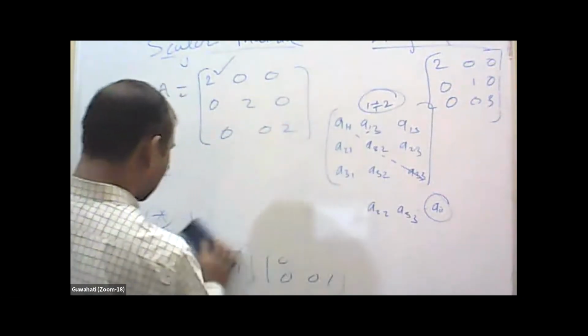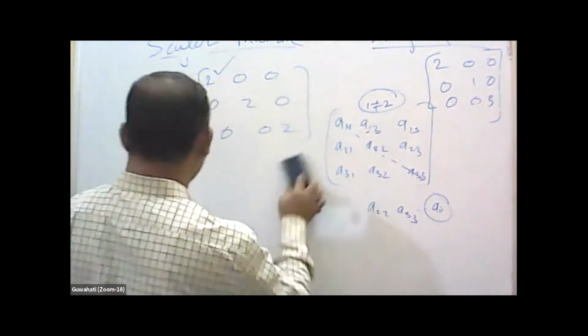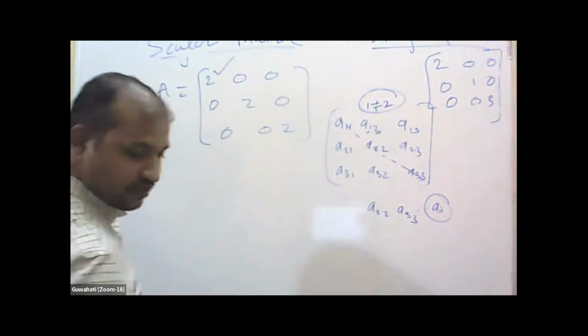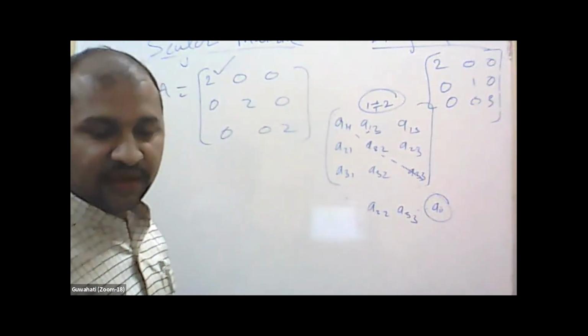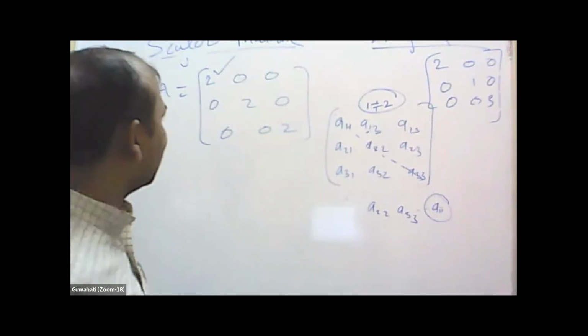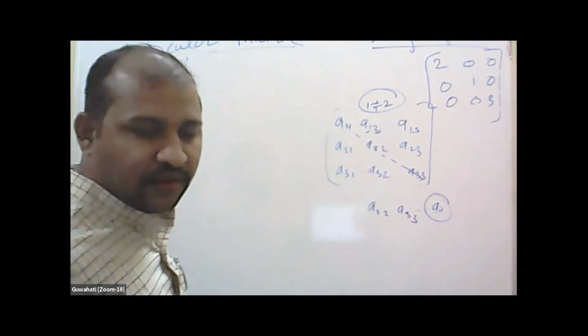So let me go to the next matrix. Sir, can you explain once more the scalar one? Yeah, thank you, sir. Sir, a scalar matrix can also be represented in the form of identity, like if we take out the 2, then it will be represented as 1 0 0.